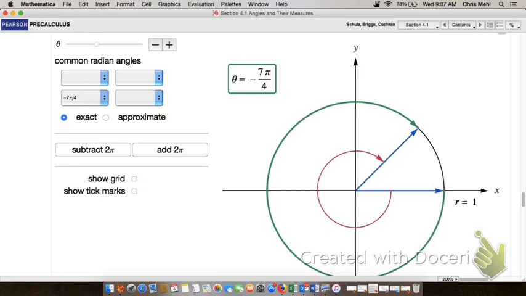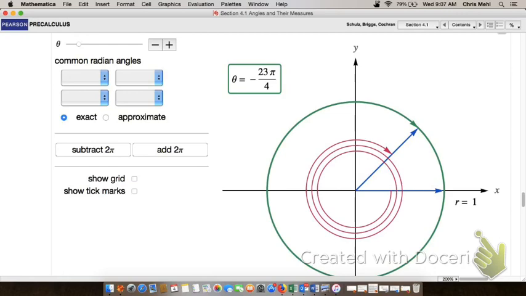So here I've got minus 7 pi over 4, minus 15 pi over 4, minus 23 pi over 4. If you notice, you're just either adding or subtracting 8 pi from the numerator each time, since 2 pi is the same as 8 pi over 4. And you can keep doing this forever. There are actually infinitely many coterminal angles for a given angle.